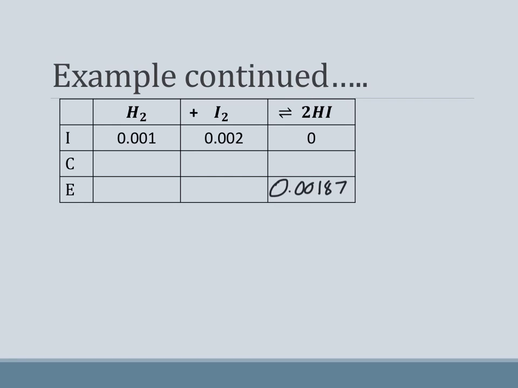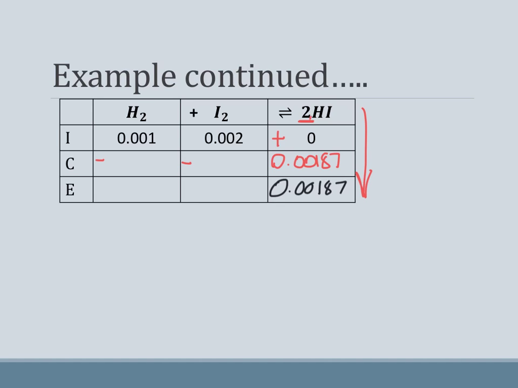So in order for that to happen, we have to have a change value of 0.00187. Somewhere we have to form the full amount. So we have made two HIs, and our value is 0.00187 for the change. Now in order to form these, this side would be positive. We're forming them. So that makes this side negative.